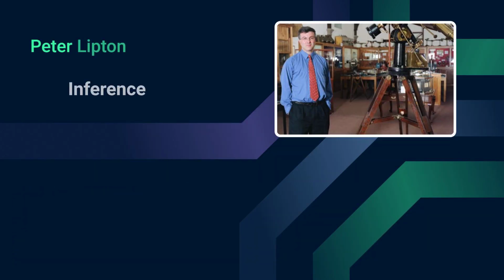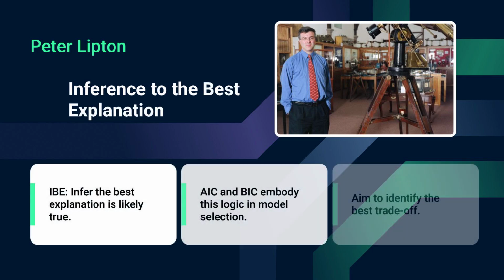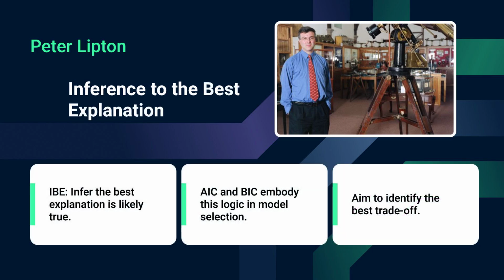These information criteria can be seen as statistical implementations of a broader philosophical idea known as inference to the best explanation, IBE. First formally articulated by philosopher Peter Lipton, IBE is the reasoning strategy where we infer that the best available explanation of the evidence is likely to be true.